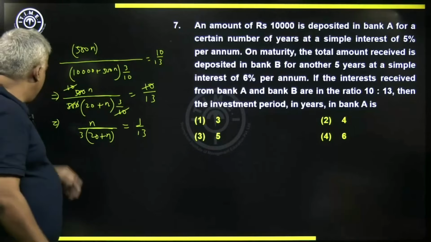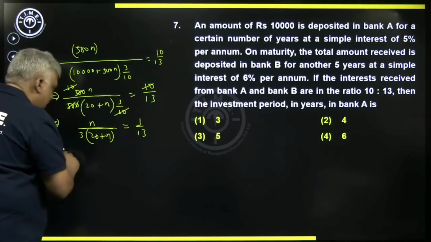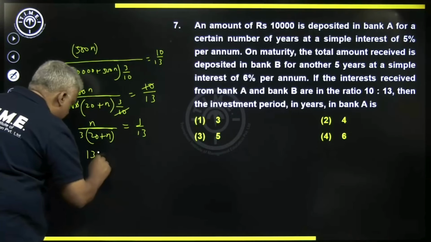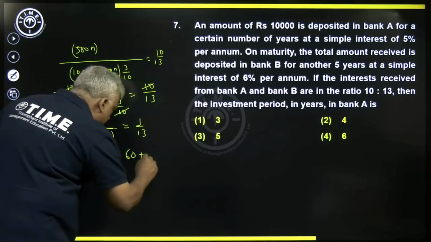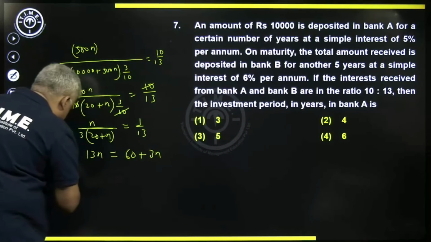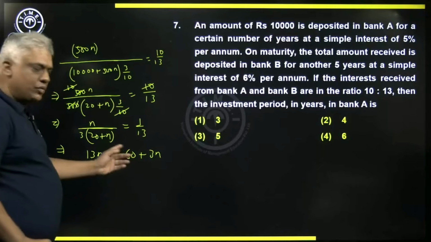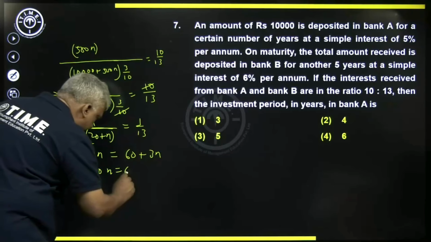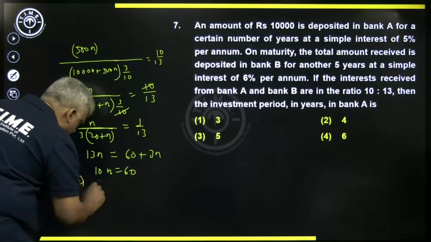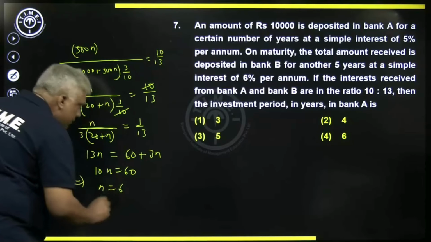Now, let us cross multiply. So, it's 13 n equals 60 plus 3 n. Now, bring 3 n this side, 10 n equals 60, or n equals 6.